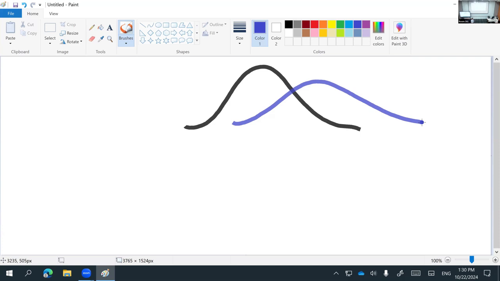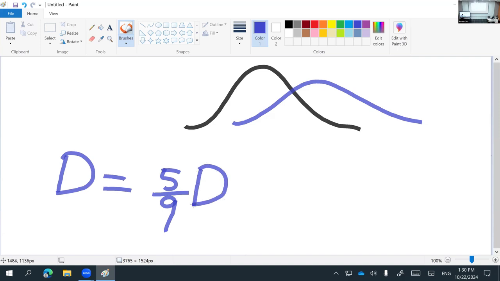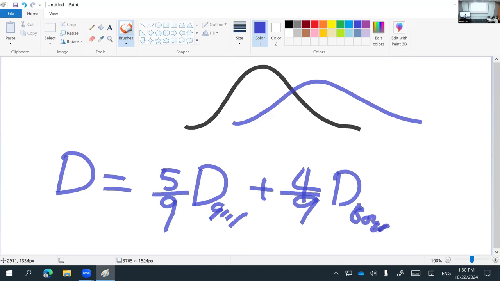So in that case, you would have something like this: the distribution is equal to 5/9 of D1, the girls, plus 4/9 the boys, right? And this is the people. D stands for distribution. Does this make sense here?